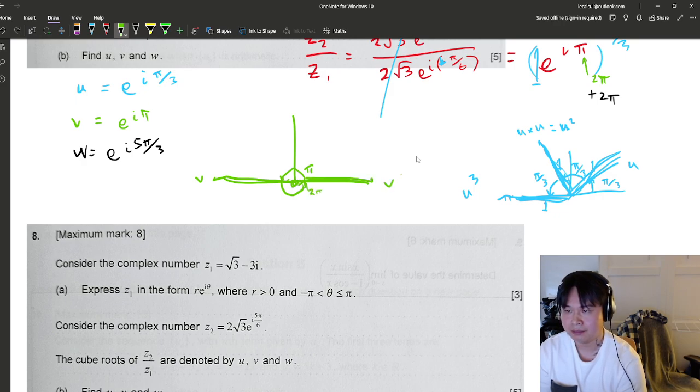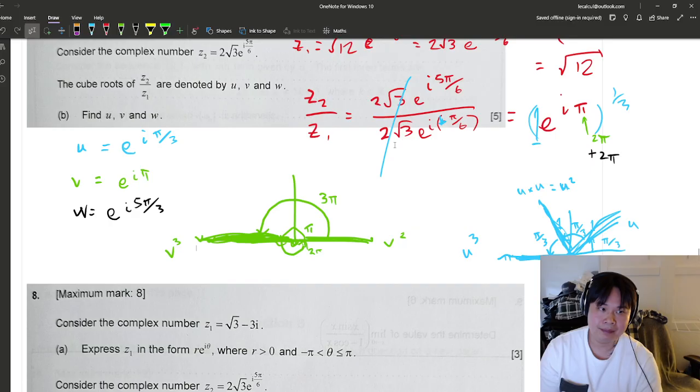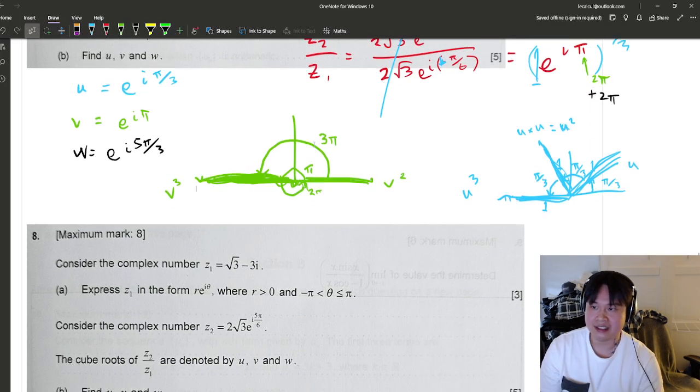That's v squared. And then we multiply by another v, you also end up back here in the same position. Yes, your argument's 3 pi, but it's literally in the same spot as pi. And then, of course, 5 pi over 3, same thing. So that's why we have 3 answers.